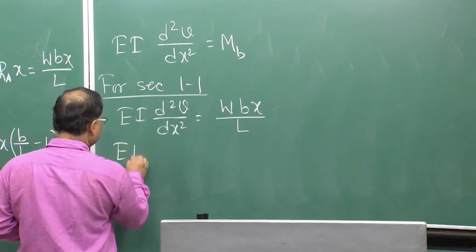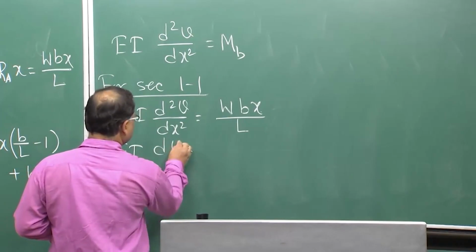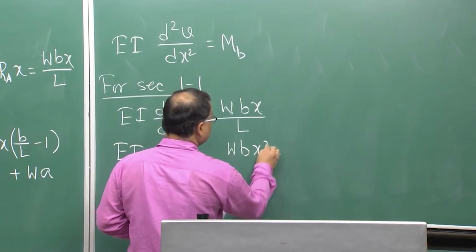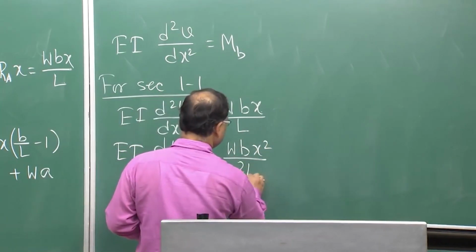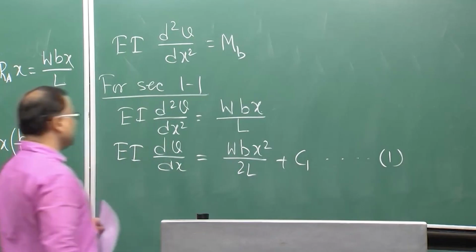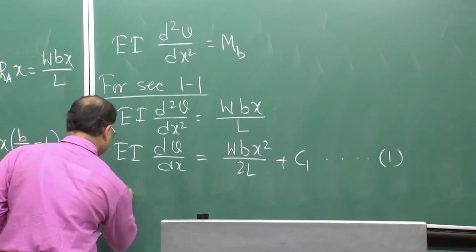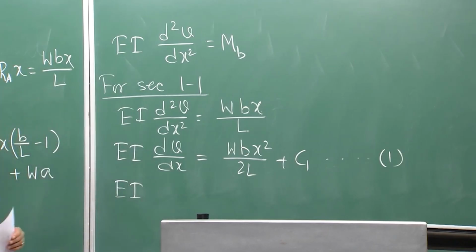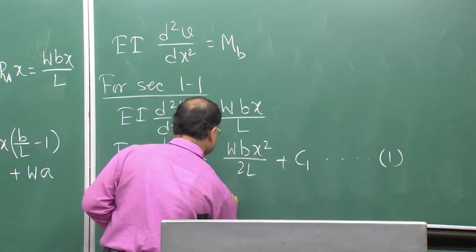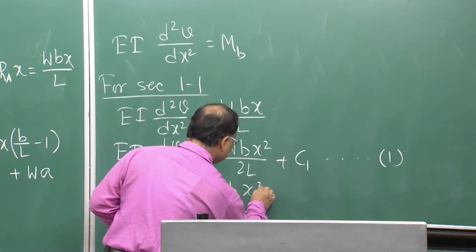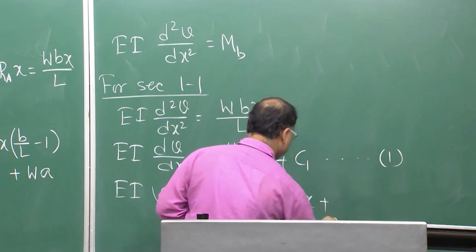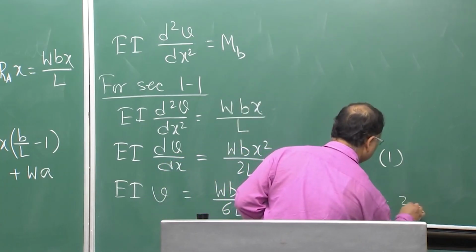Now if I integrate this, EI dv dx is equal to Wb x square by 2L plus some integration constant C1, say equation 1. Similarly, I will get one more integration, EI v, that is the deflection, which is Wb x cube by 6L plus C1 x plus C2, equation 2.